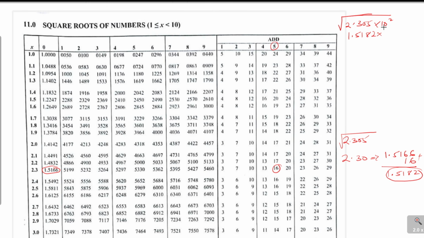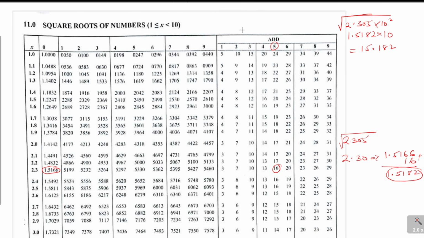Then the square root of 10 squared is 100, so the square root of 100 is 10. When you multiply 1.5182 times 10, this will give 15.182. So that is what you get.